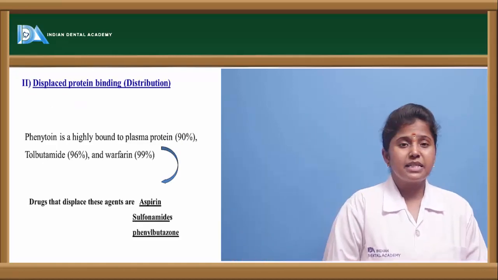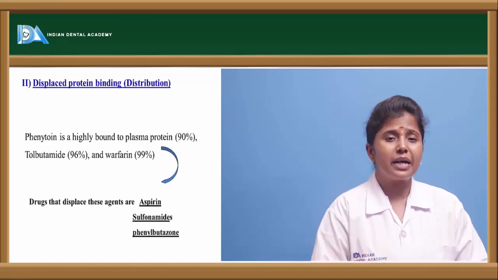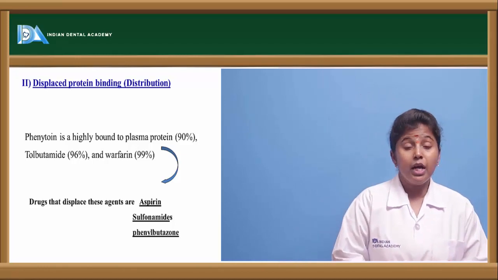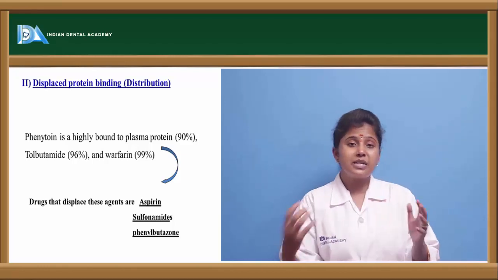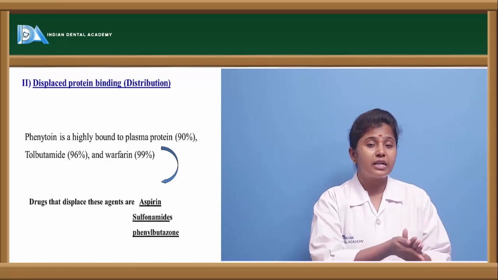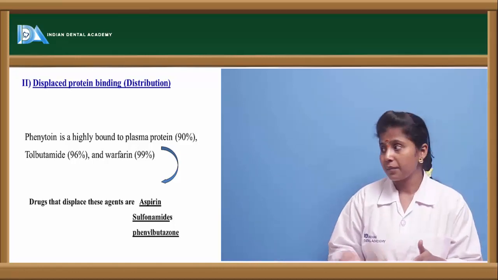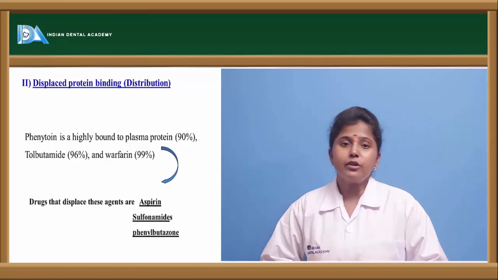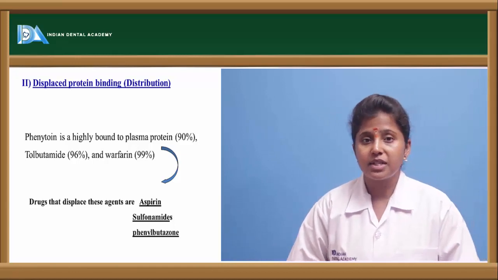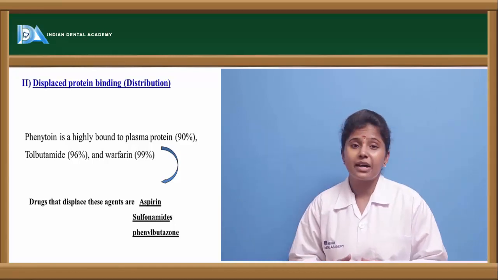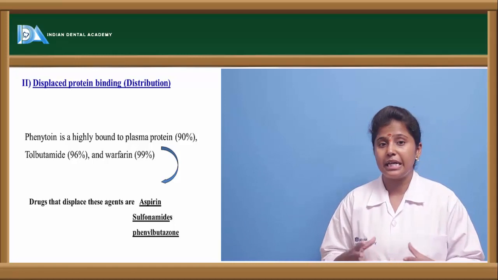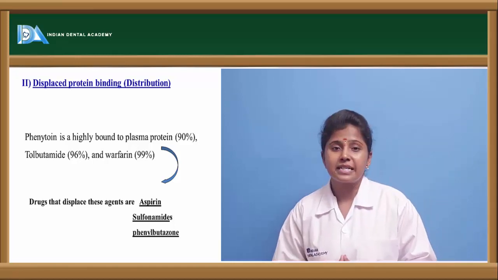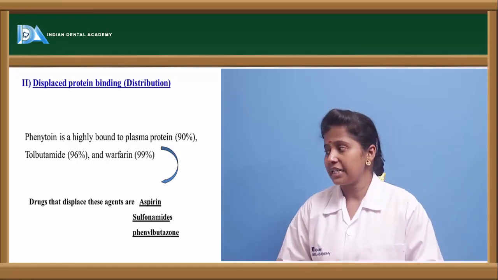The other one is displaced protein binding. A few drugs bind to the plasma proteins which are present. Here one drug will displace, or else take the place of another drug and bind instead of that drug. For example, phenytoin has 90% plasma binding capacity, tolbutamide has 96%, and warfarin has 99%.